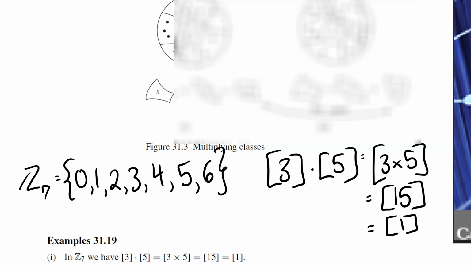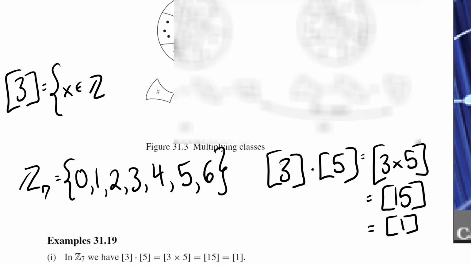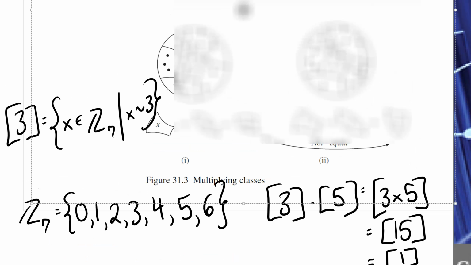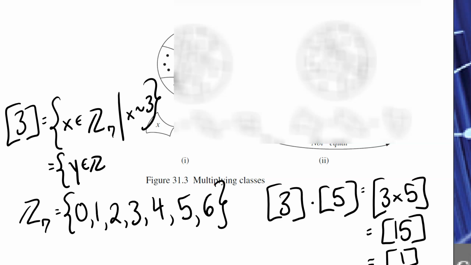So let's think about who's in our equivalence class of 3. Well, this is going to be all the elements x in Z such that x twiddles 3. So this is all elements 3 plus 7 times n, such that n is an integer.